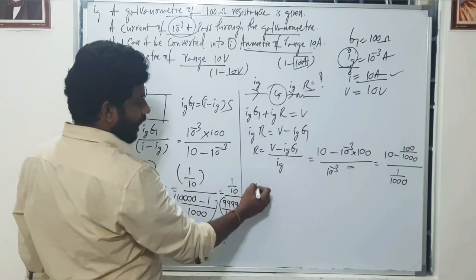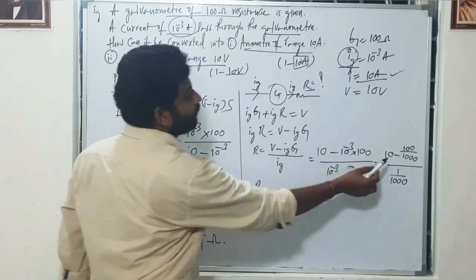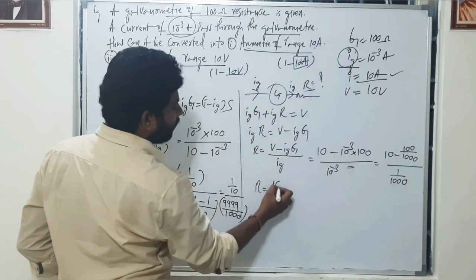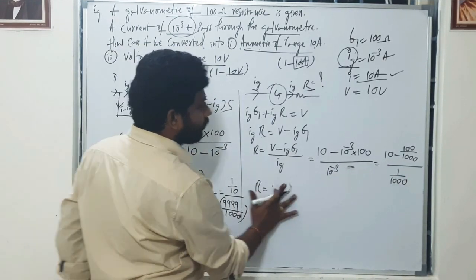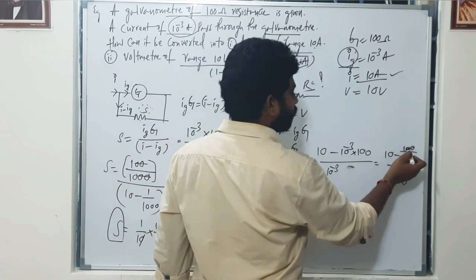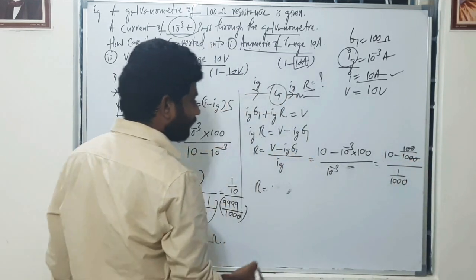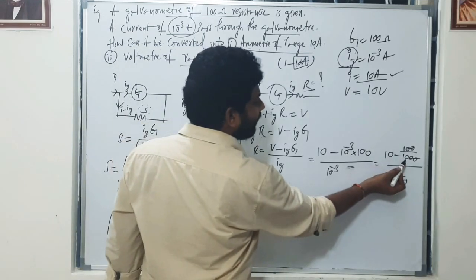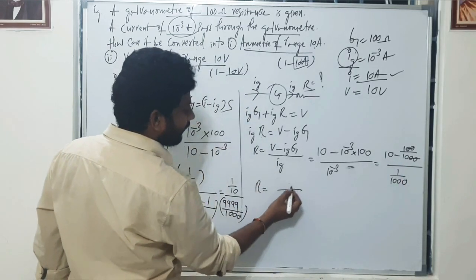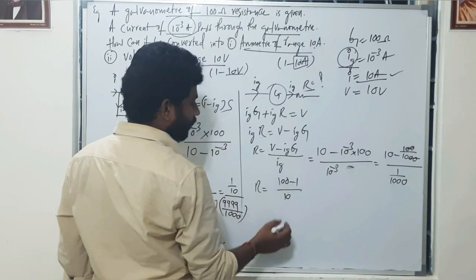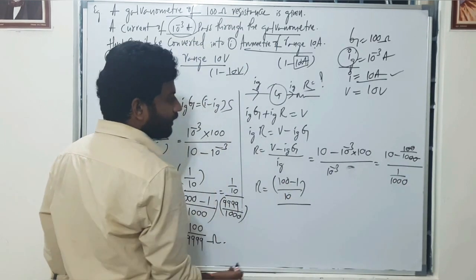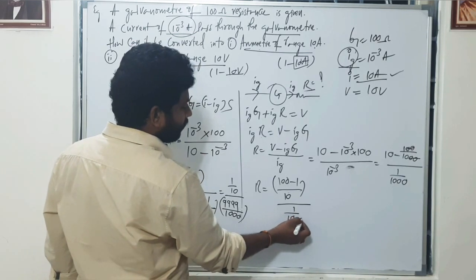Now R is equal to, so this will be 1000 into 10, it is 10,000. An easy way you can solve this is the 2 zeros cancel here. 10 is the LCM, the numerator I am talking about. 10 into 10 is 100 minus 1. This is the numerator. The denominator will be 1 by 1000.